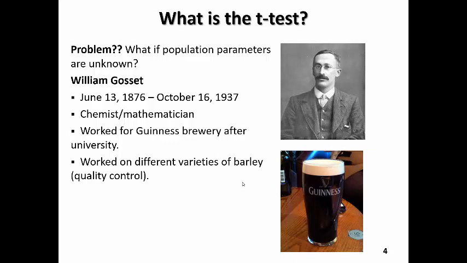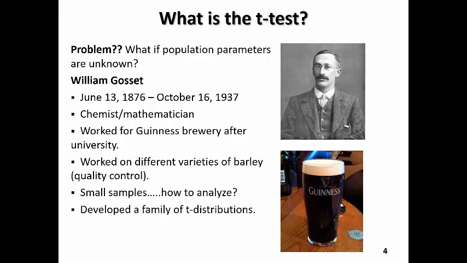But he had very limited resources to work with. And so he had different varieties of barley, but very, very small samples of barley to work with. And the mathematics at the time were not sufficient to produce results based upon very small samples. And so Mr. Gossett developed and basically invented some new mathematics and new statistics, and developed a family of t-distributions.